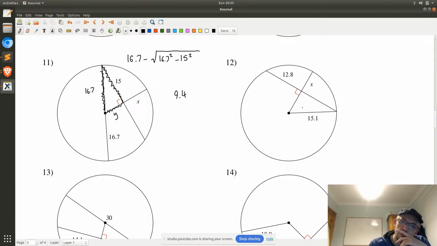Okay, here 15.1 is the radius. 12.8 is half this chord. So it's pretty much the same situation. That would be 15.1. And so 15.1 minus the square root of 15.1 squared minus 12.8 squared.